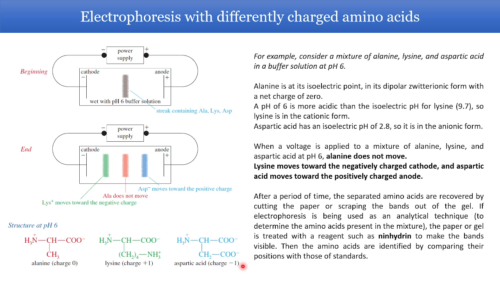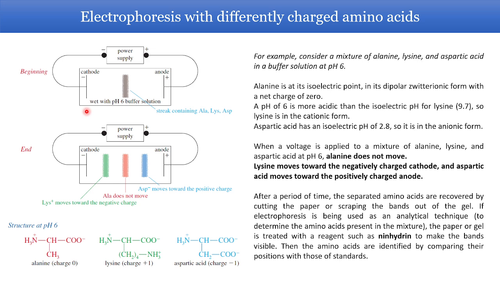So now you have alanine, lysine, and aspartic acid in the center of this gel cassette, and you are passing power over here. So you have the cathode over here and you have the anode over here. What do you understand from here? The anions, or the negatively charged species, will be moving towards the anode, and the cations, or the positively charged, will be moving towards the negatively charged electrode, or the cathode.